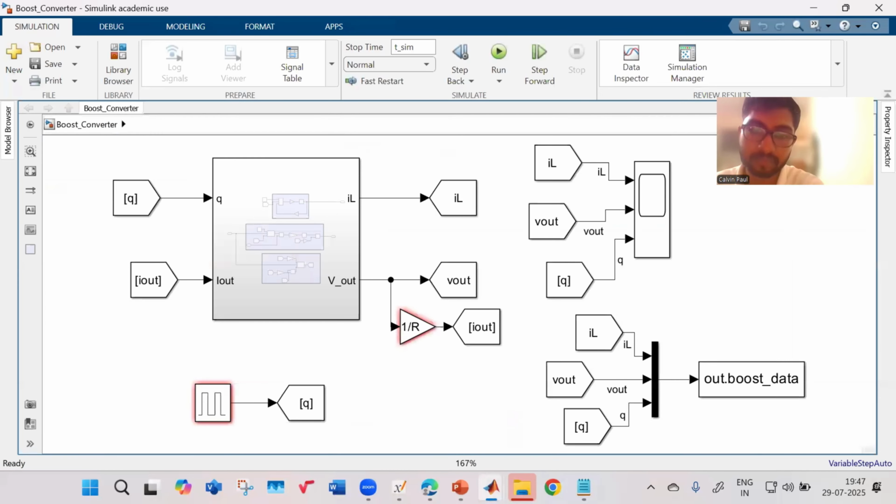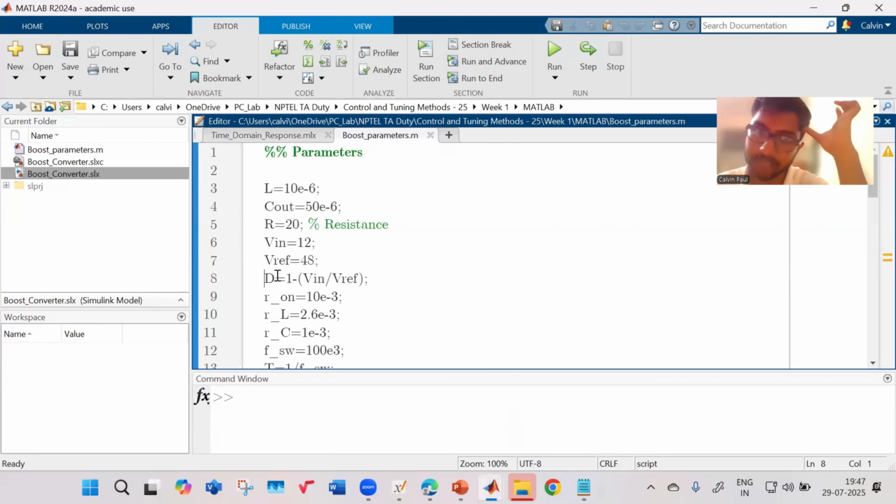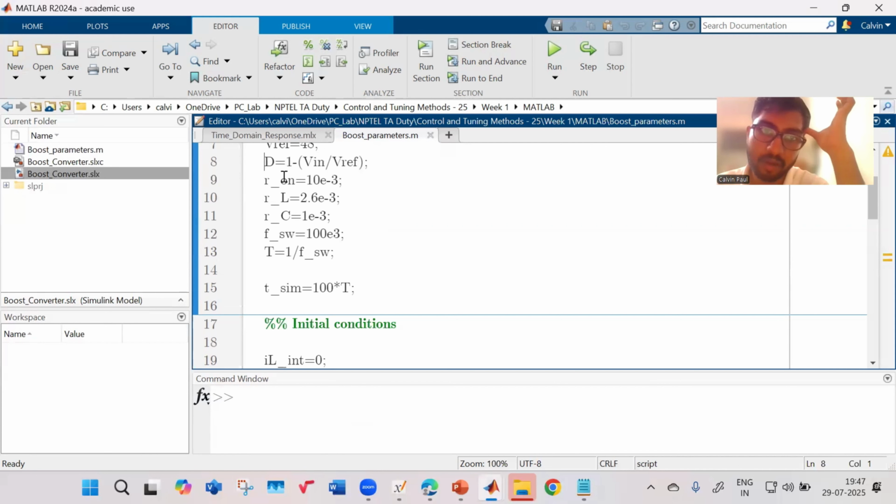Let me first go through it slowly. This is the duty I need. This is the on resistance of the switch, the DCR of the inductor, and of the capacitor. All these we will see later, the non-idealities which are there.